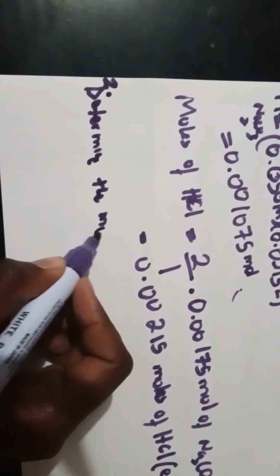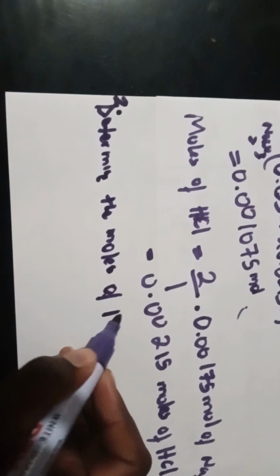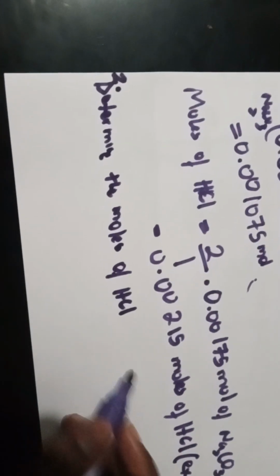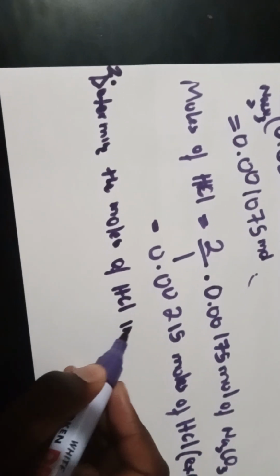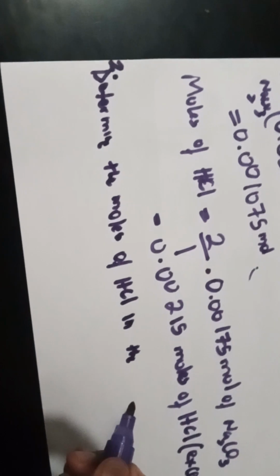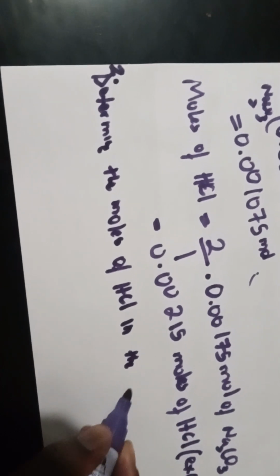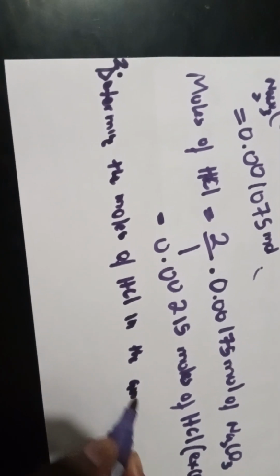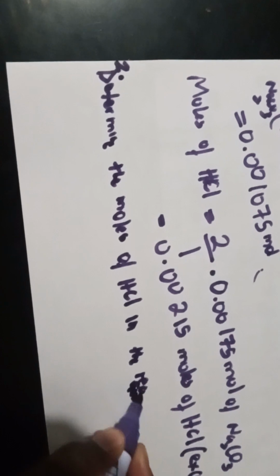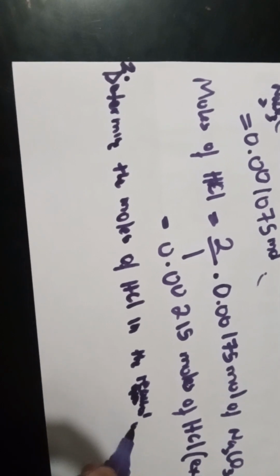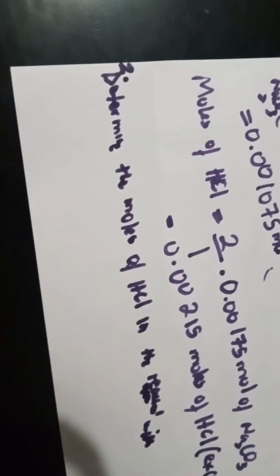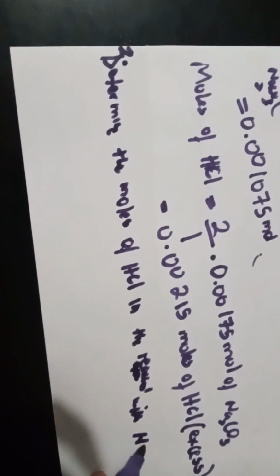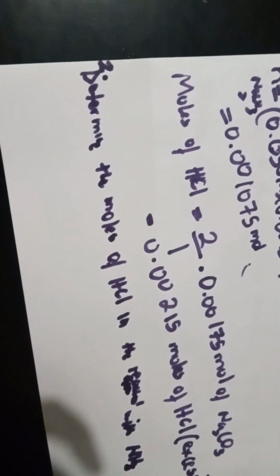So to determine the moles of HCl in the cloudy ammonia solution, or rather that reacted with NH3, right? So this is the original HCl.